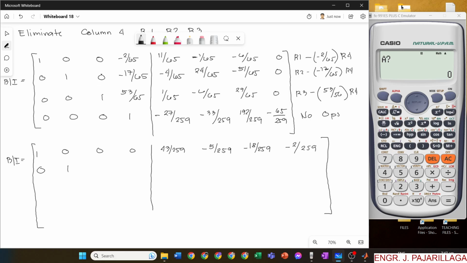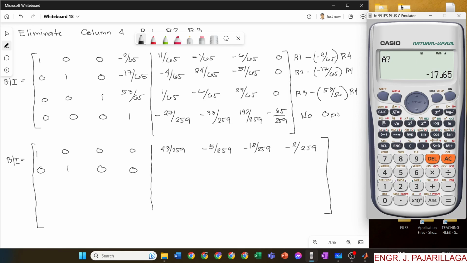Row 4 pala. 0 minus 0 is 0. So, pag-usapan na natin itong column 4. So, our A here is negative 17 over 65. And our B is positive 1.